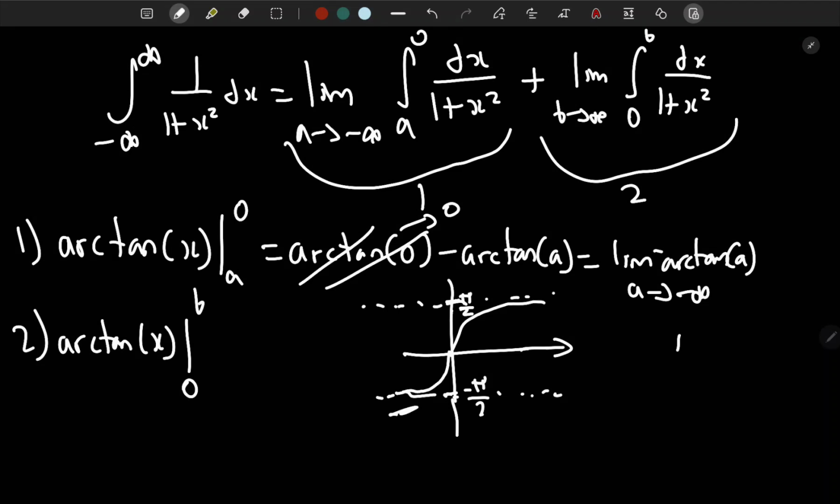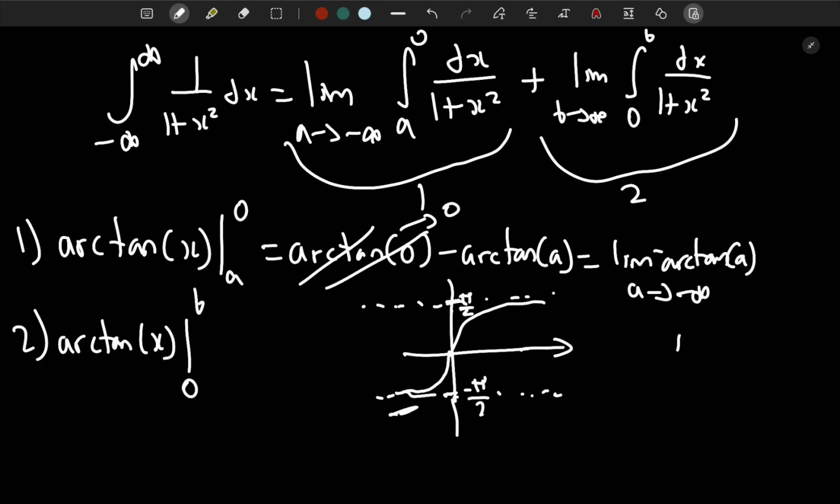And as I mentioned before, you can open your calculator right now and just take negative tan inverse of this negative infinity, so just negative 999. You will get 1.569 something, so that is pi over 2.